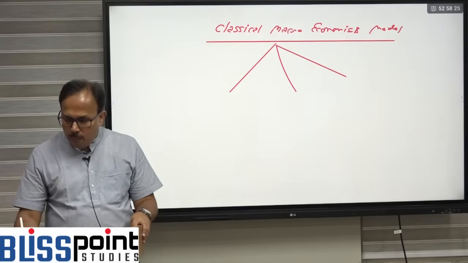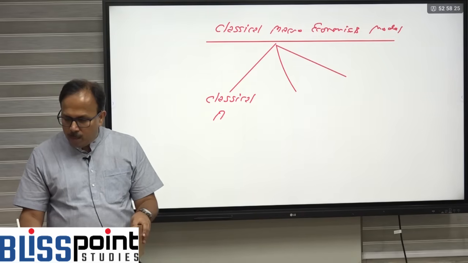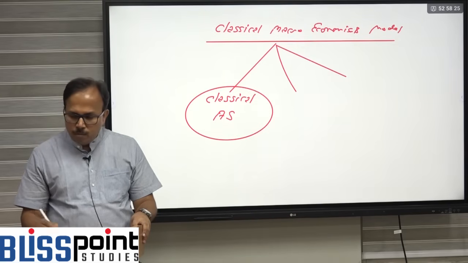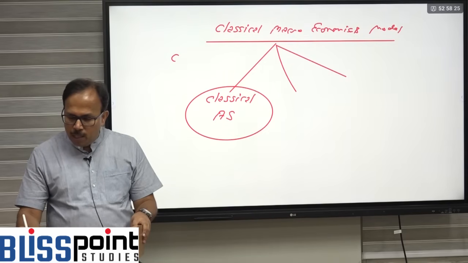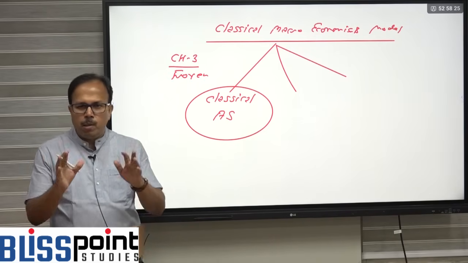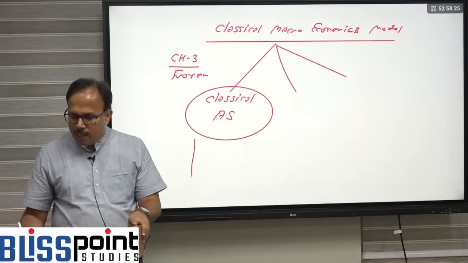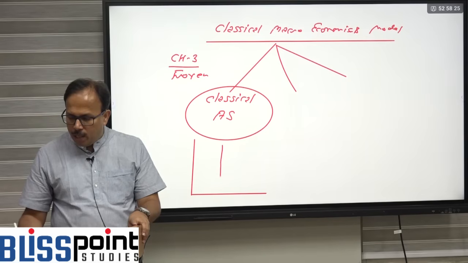One is classical aggregate supply curve. This has been explained in chapter number 3, Freud. That chapter number 3 complete chapter is explaining why classical aggregate supply curve is a vertical line.